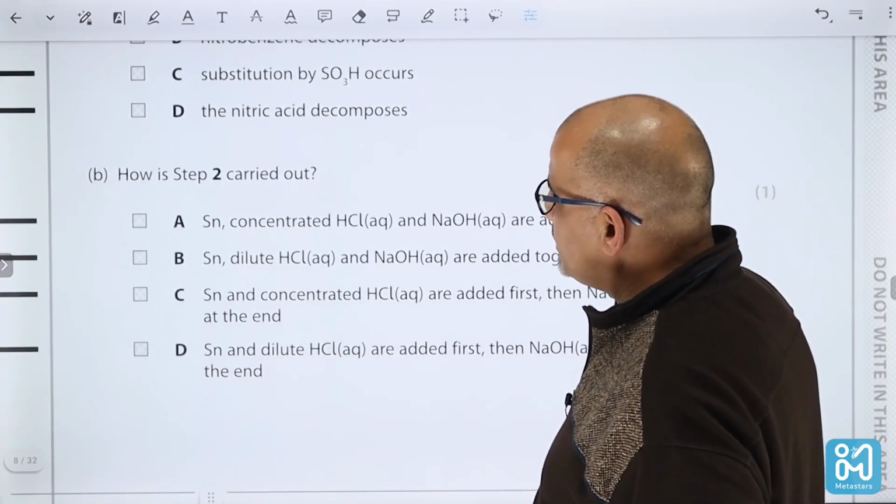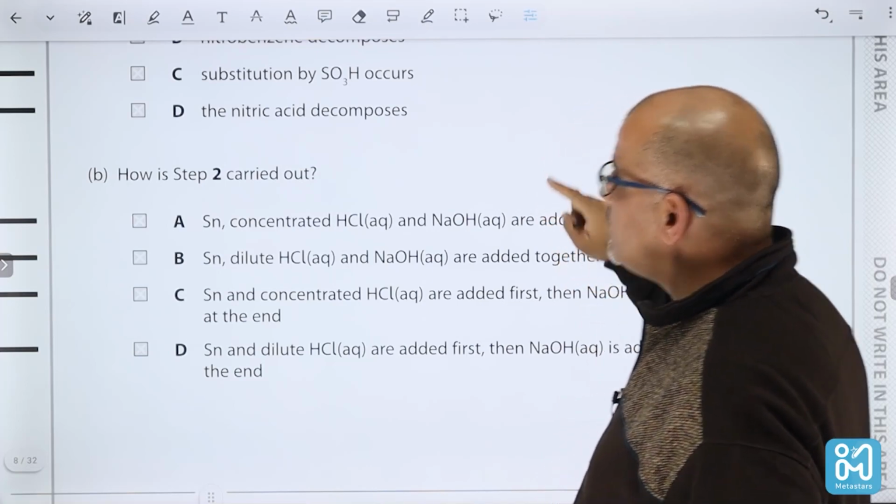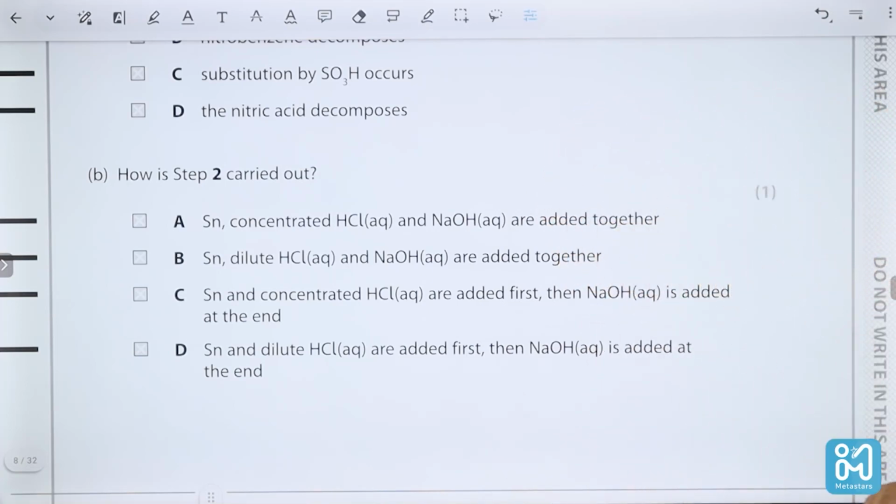How is step 2 carried out? Is it by Sn and concentrated HCl, or by Sn in the presence of dilute HCl with sodium hydroxide added together, or is concentrated HCl added first, then the sodium hydroxide added at the end?